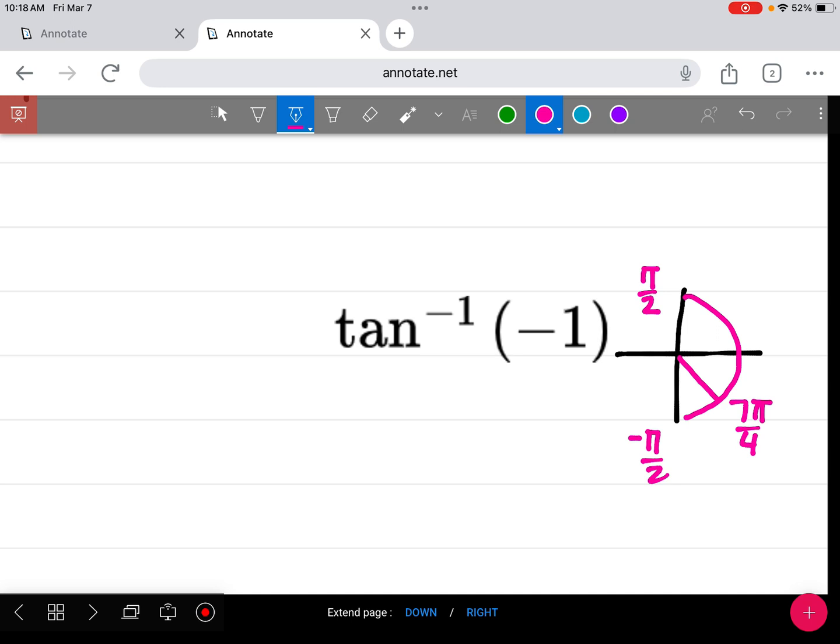So what is the way I can write it that's going to be between these two values? Negative pi over 4. If I find my coterminal going this way, we go minus pi over 4. Because we need to be between our minus pi over 2 and our pi over 2. We've got to be between those two pieces. 7 pi over 4 is coterminal, but it's not in our domain, or not in our range of tangent. I'm good at words.